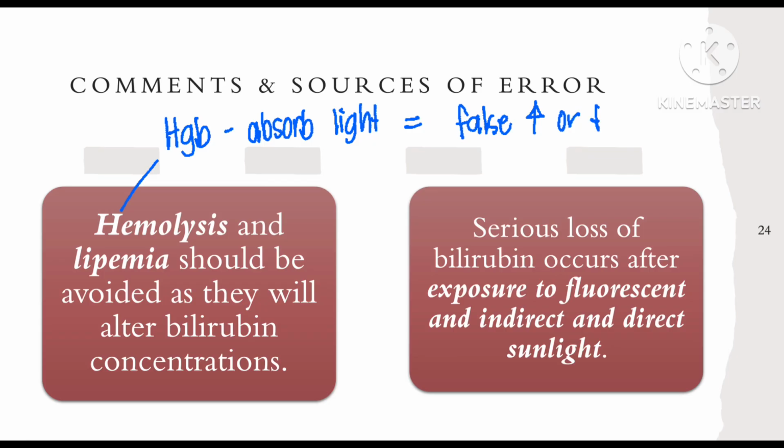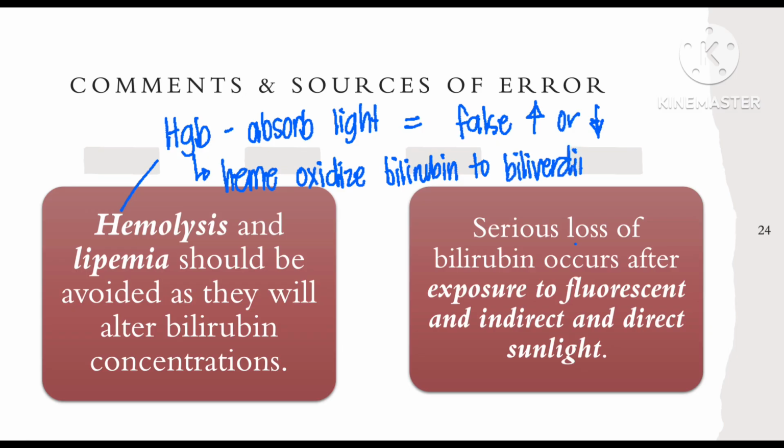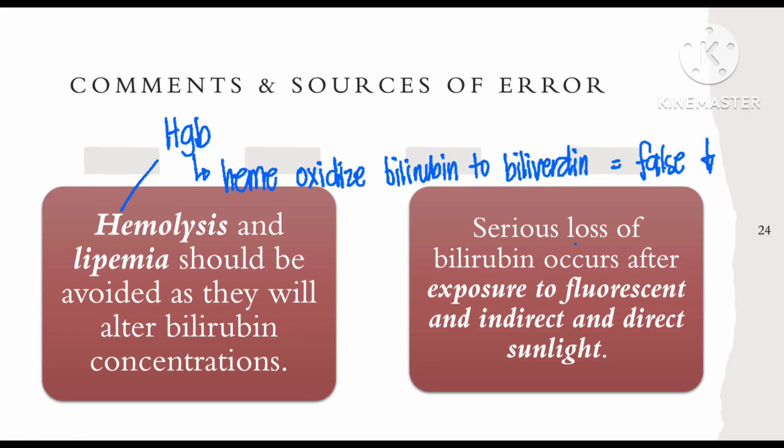The heme portion of the hemoglobin that is released can also oxidize bilirubin to biliverdin, causing falsely low bilirubin values. So let's say, for example, if you use enzymatic methods to detect bilirubin, the diazo or the colorimetric methods can also be inhibited by substances released from our lysed cells.